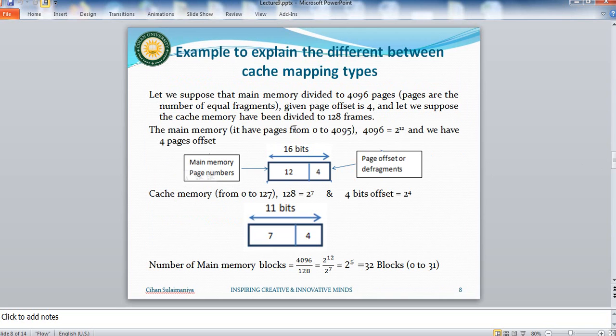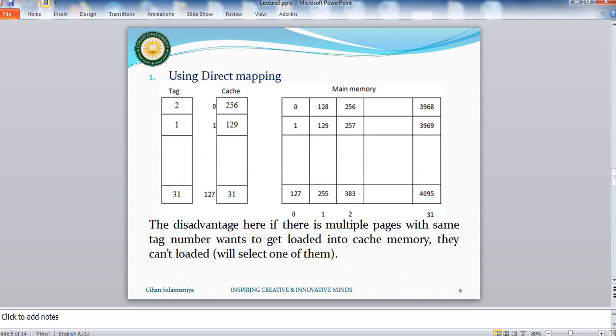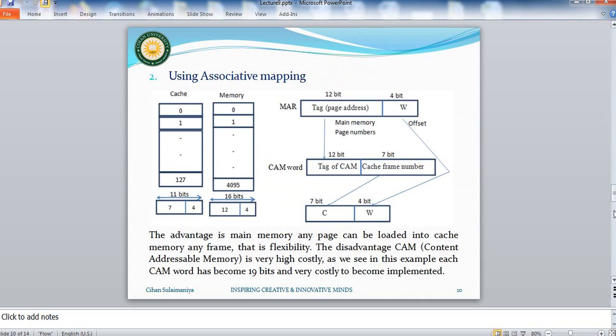For the explanation, I am going to upload a video explained by a professor from India. Actually, I like his explanation, and I want you to listen to this video. The video title is direct cache mapping. Look into this one.